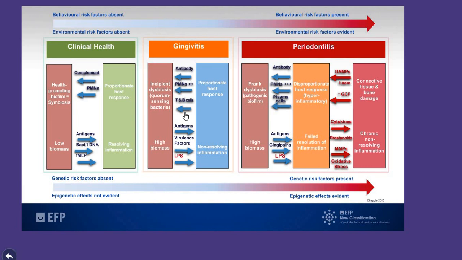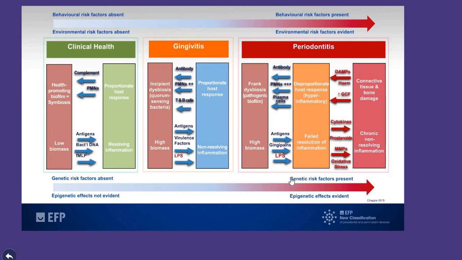But in gingivitis, for example, the gingiva will be infiltrated by T lymphocytes and B lymphocytes, and more virulence factors will be built up. There will be a defect in that equilibrium, and you have a high biomass of bacteria. So in this case, you may have a disease, but you may get well after taking into consideration the clinical parameters needed for resolving the inflammation.